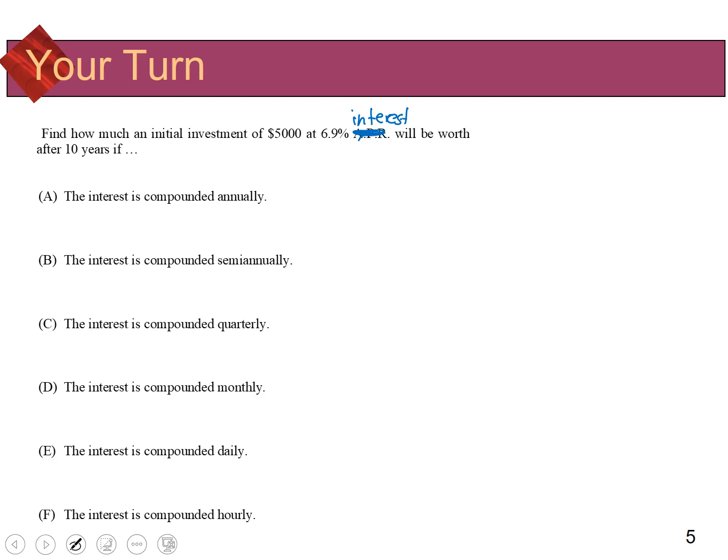Okay, so again, all we're going to be doing is using the formula A equals P times (1 plus R over M) to the MT power. And really the only thing that's going to be changing in each one of these problems, I mean, this and this are going to remain the same, namely $5,000, 0.069, and 10.